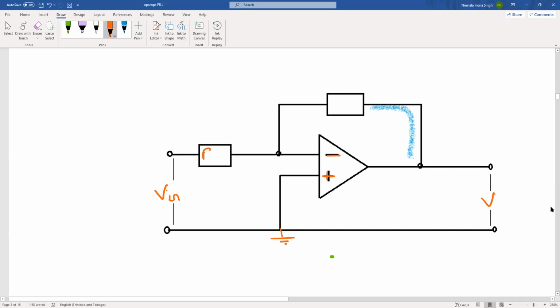We have what we call an input resistor, which is a big resistor connected in front of our amplifier. Remember, this triangle is the amplifier. So we have an input resistor, and then we have another resistor called your feedback resistor. These are the components we look at here. Nothing too complicated.